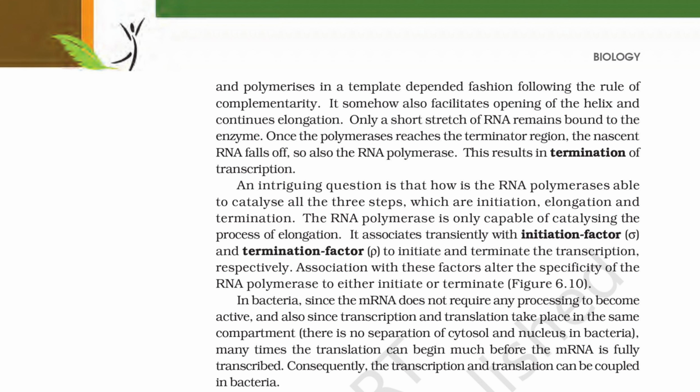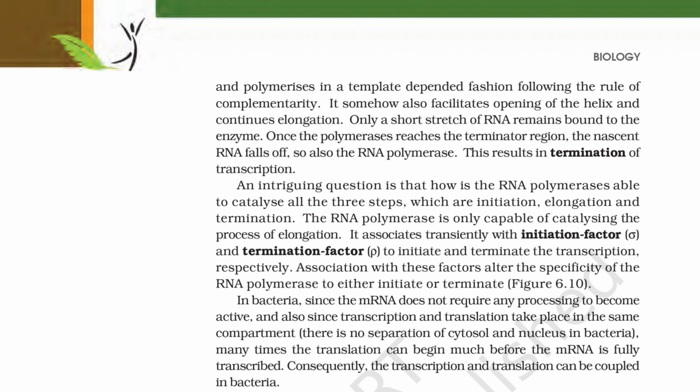Only a short stretch of RNA remains bound to the enzyme. Once the polymerase reaches the terminator region, the nascent RNA falls off, and so does the RNA polymerase. This results in termination of transcription. An intriguing question is how the RNA polymerase is able to catalyze all three steps, which are initiation, elongation and termination.